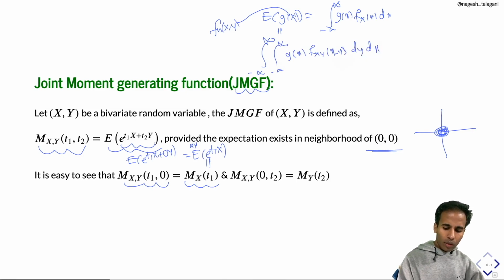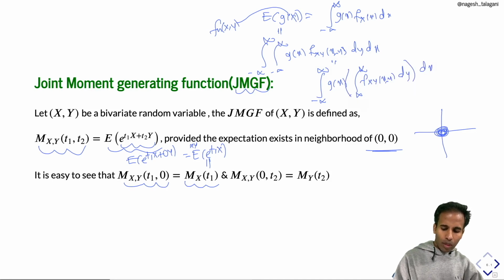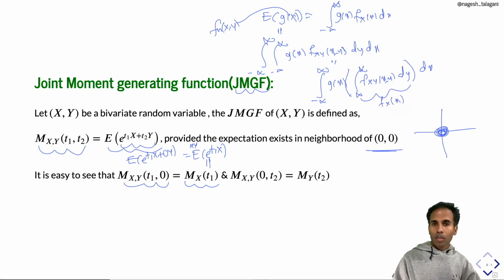So from this we can write, first I can get this g(x) out of the first integral, as we are integrating with respect to y first, then the integral. Okay. Now we know that this is exactly the pdf of X. If you integrate the joint pdf with respect to y, you will end up with the pdf of X, right? So this is exactly the pdf of X.